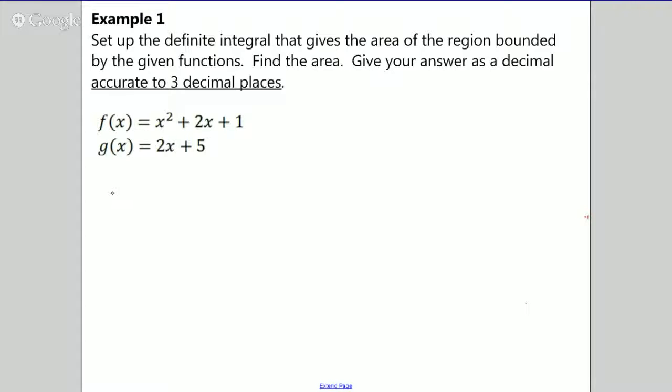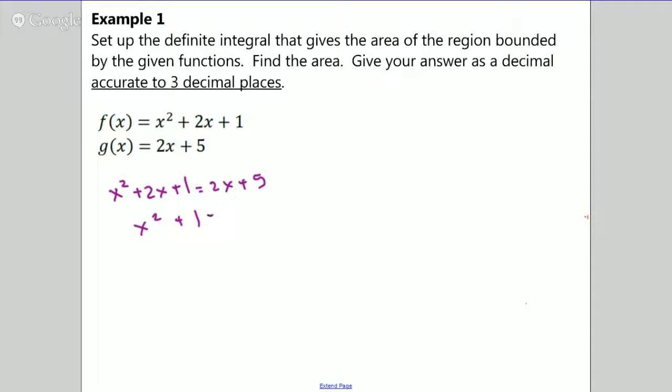But the first thing I'd like to do is see where the two graphs intersect, right? So to find the points of intersection, or the x-coordinates of intersection, let's set f of x equal to g of x. Okay, so if I subtract 2x from both sides, then I actually get x squared plus 1 equals 5.